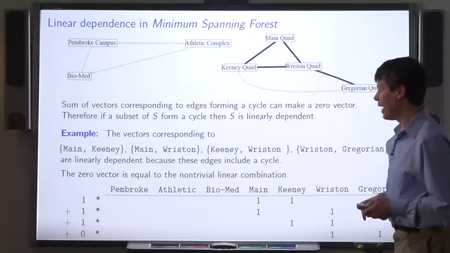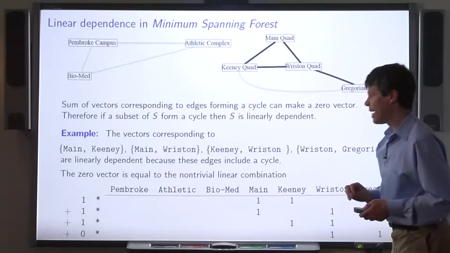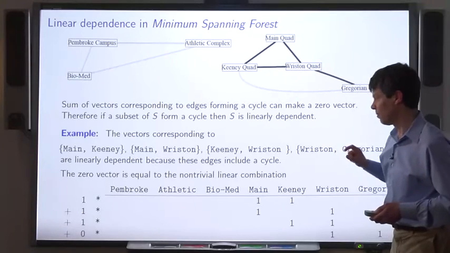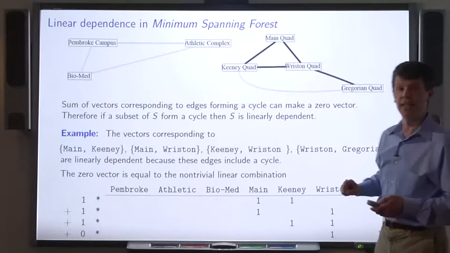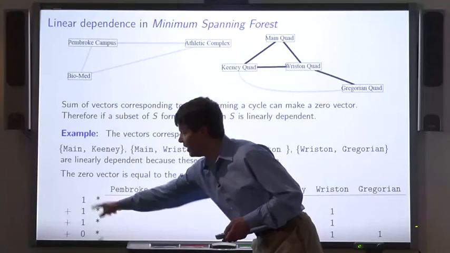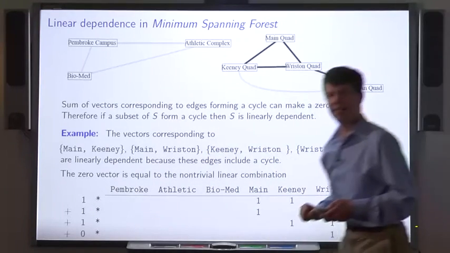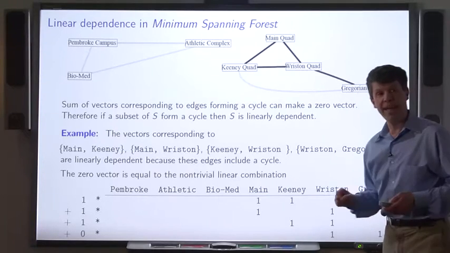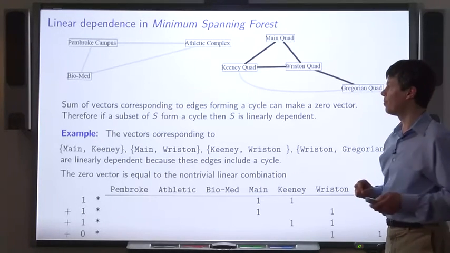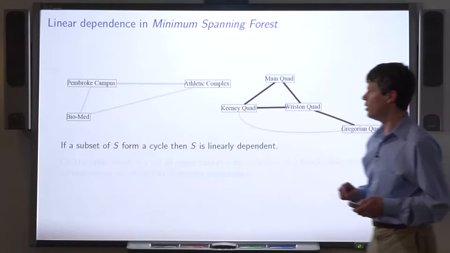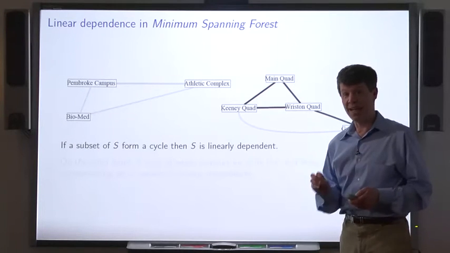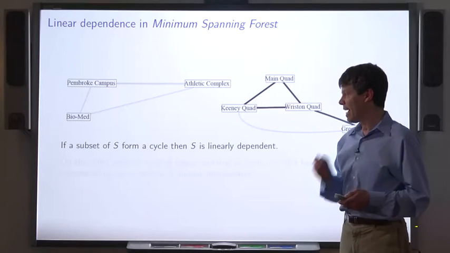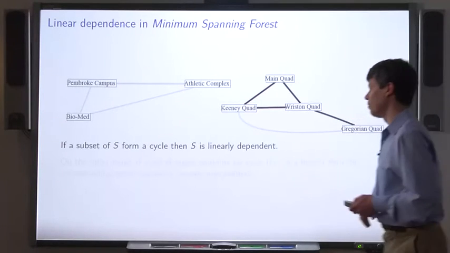So we can write the 0 vector as a linear combination of the vectors corresponding to these dark edges. We assign coefficients 1 to each of the first 3 and 0 to the last. And summing them up, we get 0 for each position. So we see if a subset of S forms a cycle, then S is linearly dependent.